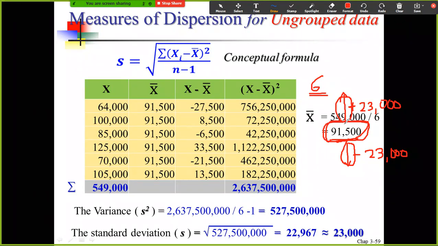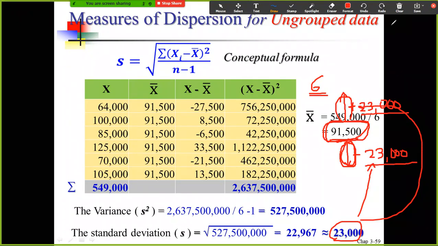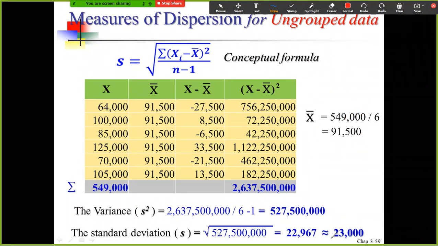So the richest will spend higher than the average spending by 23,000, and the poorest will spend less than the average spending by 23,000. So this is the meaning of standard deviation. We compare against the average spending, and we want to know the highest and the lowest spending relative to average.